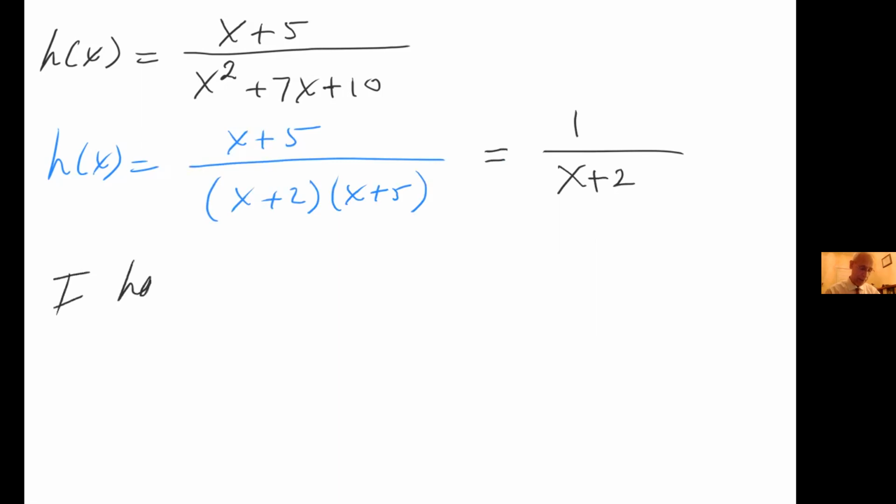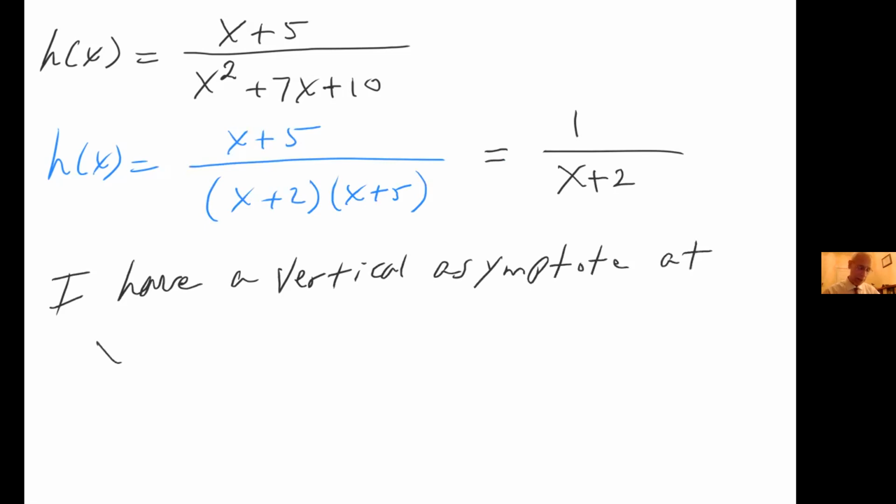I have a vertical asymptote at x equals -2. Why -2? Because -2 would make the denominator 0.